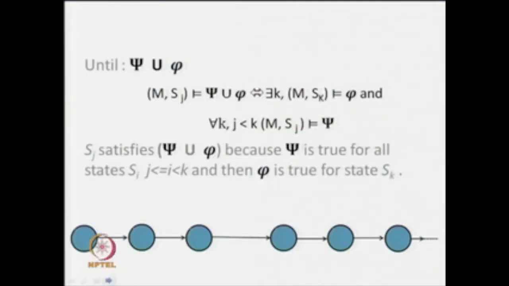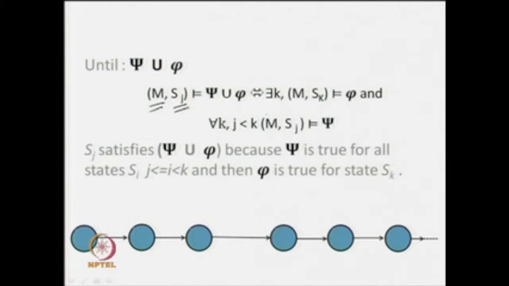Already I have mentioned that until is a binary operator having two operands, one is psi and the second one is phi. So, it is psi until phi. Again we are going to take a model M and one particular state S j, and see whether in state S j of model M, psi until phi holds or not.